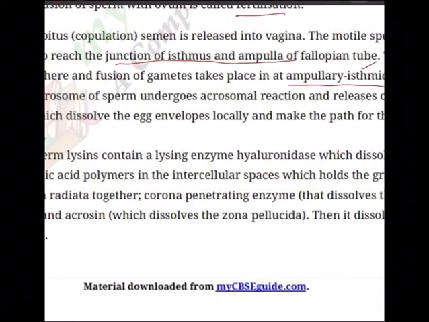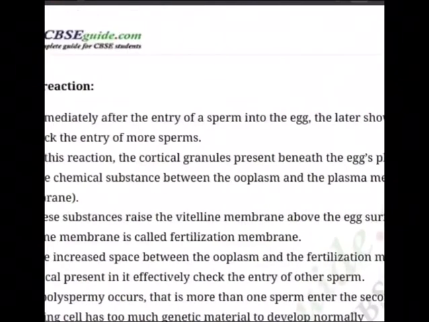The lysing enzyme is hyaluronidase, which dissolves the hyaluronic acid polymers in the intercellular spaces which hold the granulosa cells of corona radiata together. Corona penetrating enzyme dissolves the corona radiata, and acrosin dissolves the zona pellucida.